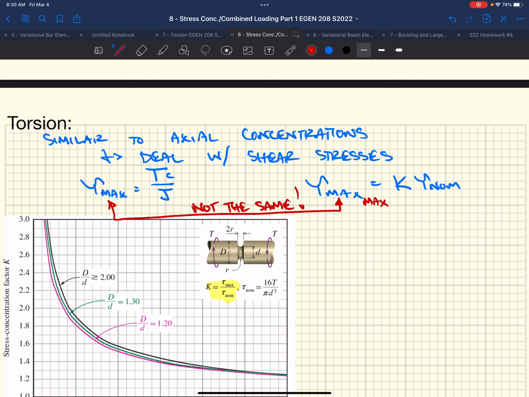So we've taken that, which is the shear stress, or tau max, at our small diameter, and now we're going to amplify it by K, so we get the max stress, the amplified stress that we're going to see because we have this groove.